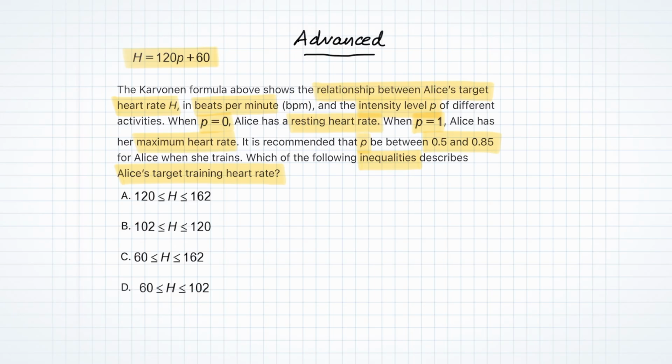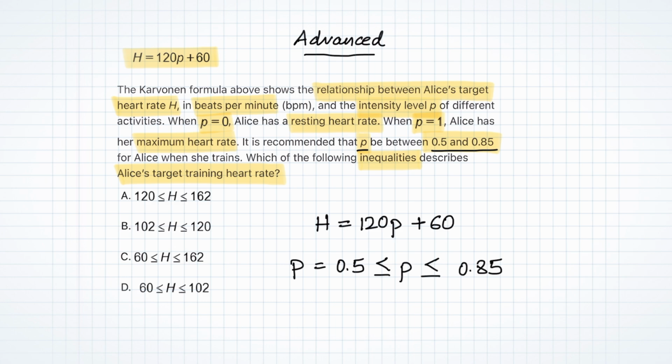Alright, let's break this down slowly. We are told that H equals 120p plus 60, and that the intensity level P is between 0.5 and 0.85. That gives us this inequality for P. 0.5 is less than or equal to P, which is less than or equal to 0.85.